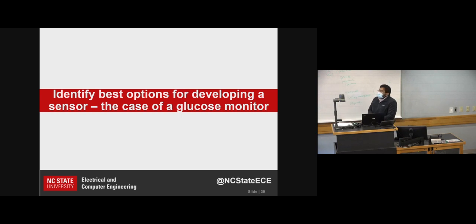You guys have to develop a glucose sensor for the 3 cases that I'm going to be discussing. So you have to think, in this case, what are the problems, which kind of glucose sensor I will have to develop, what are the options that we have. You can work in teams, you can do it independently, doesn't matter.